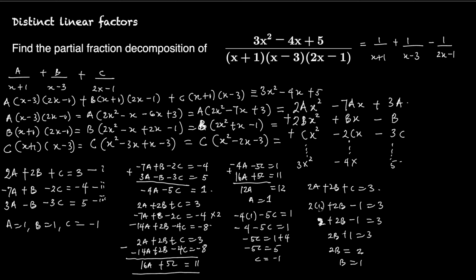Now this is just one of the numerous methods you can use to solve this equation. You can use the cover-up method, which I'm going to cover in the next slide.